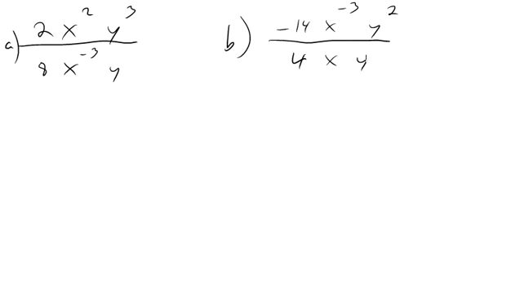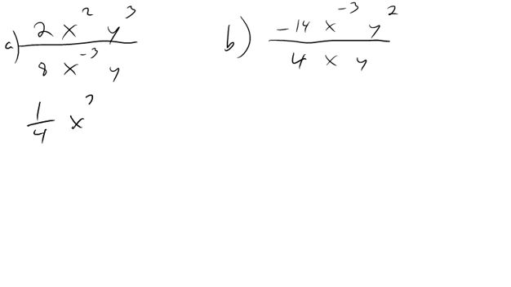Now that you've seen some of the basic laws, could you try something more complicated like this, where you're going to use multiple skills all at once? Here we have 2 over 8, which is the same thing as 1 over 4. My x's, because we're dividing, we're going to be subtracting the exponents.